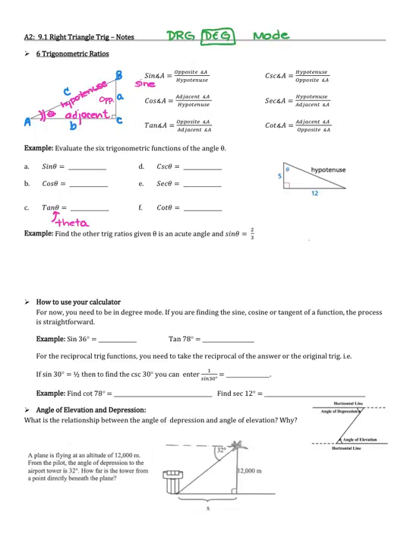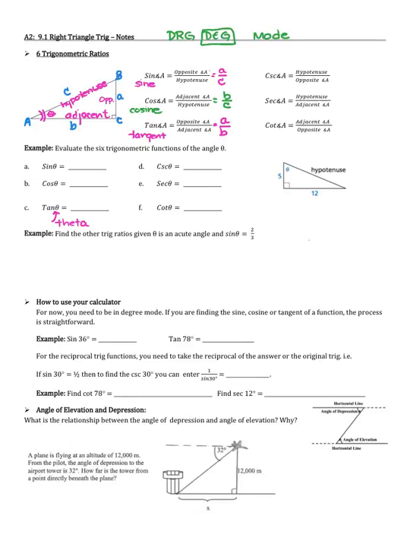That represents whatever's on the opposite side, so in this case little a, to the hypotenuse, which is C. And if I said cosine of angle A, that is an abbreviation for saying look at the ratio of the adjacent side, which is B, to the hypotenuse, which is C. And lastly, we have the tangent of angle A, and tan is an abbreviation for tangent, and that represents looking at a ratio of the opposite side to angle A. So you always have to go through the triangle to get to that opposite side over the adjacent side. Notice that the tangent has nothing to do with the hypotenuse.